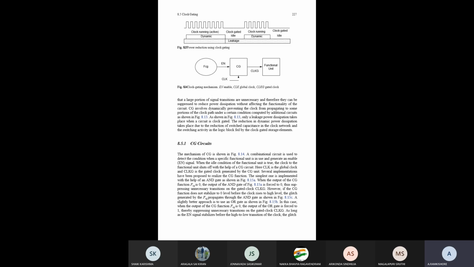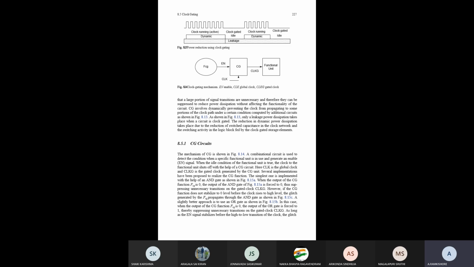When we observe the power reduction using the clock gating signals, we see the proper power reduction.